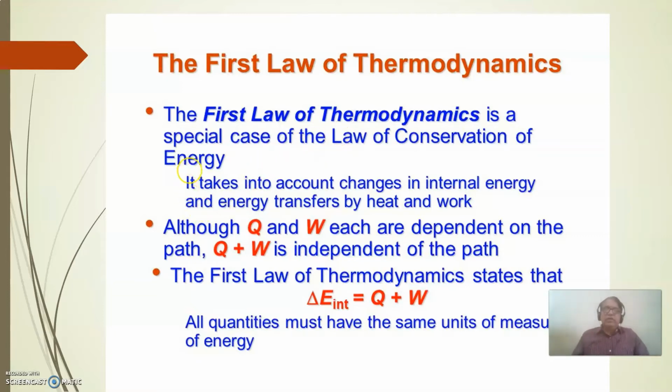If I apply that much work, a pressure on the piston, and it comes back to its initial position, then you cannot get the same amount of heat transfer from the system to the surroundings. Okay, this I can explain well with a board, so let us go for that.